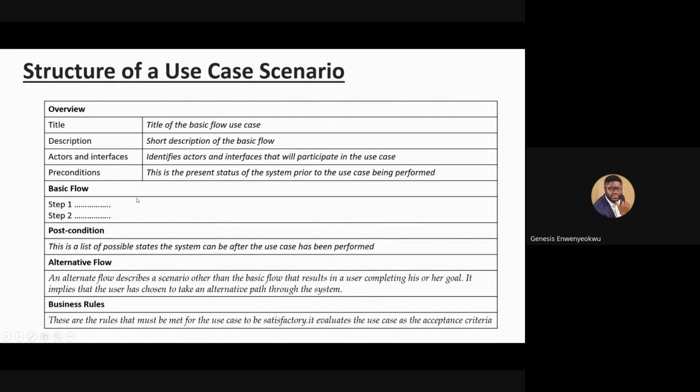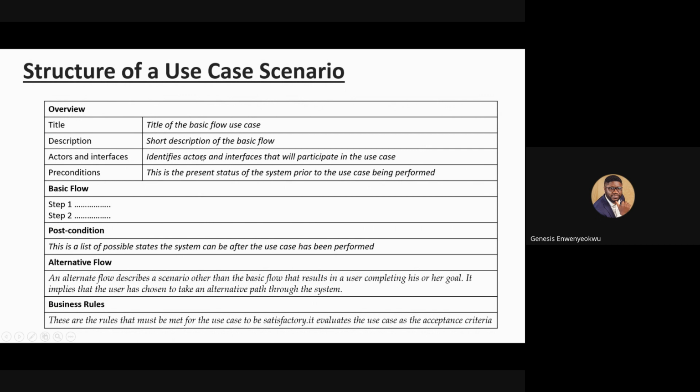So it's a table. We have the overview where you write the use case ID, and then we have the title. We have the description, where you give a short description of the basic flow. We have the actors and interfaces. Actors are considered as users. So who will be making use of this use case, or who will this use case affect?